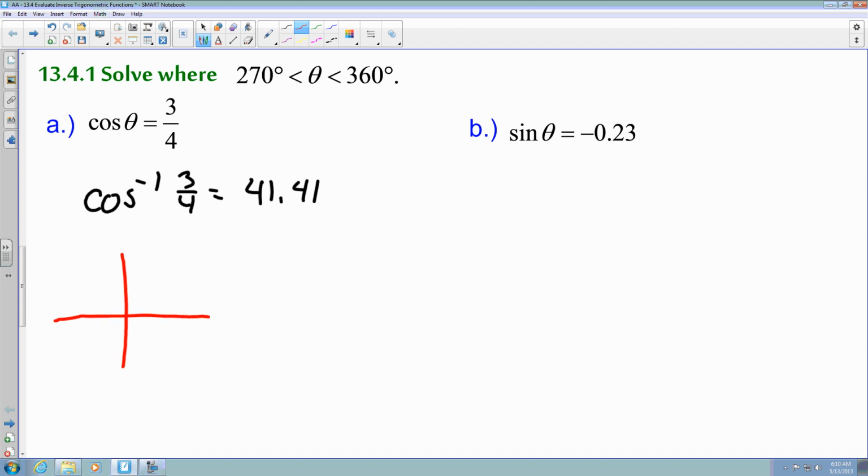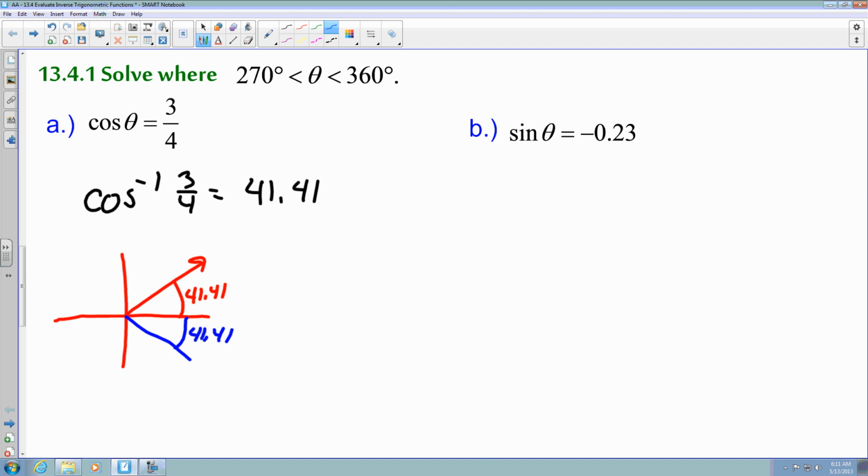Now 41.41 is not between 270 degrees and 360 degrees, but if you remember, when you're dealing with trig functions, this gives us the reference angle. So you can have 41.41 degrees here, or you can also have a reference angle of 41.41 degrees here.